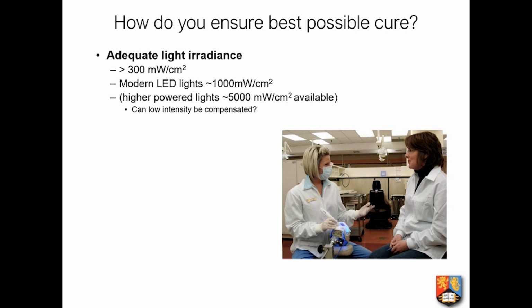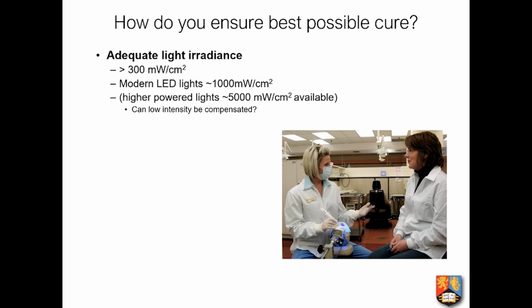And if you take some ballpark figures, then modern LED lights probably have around 1000 milliwatts per centimetre squared. You can get lower intensity lights. Manufacturers do purport very high powered outputs. I've seen them even up to about 5000 milliwatts per centimetre squared, which is an awful lot of power.